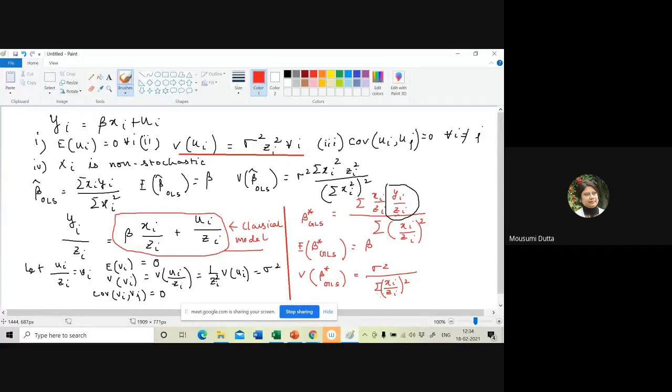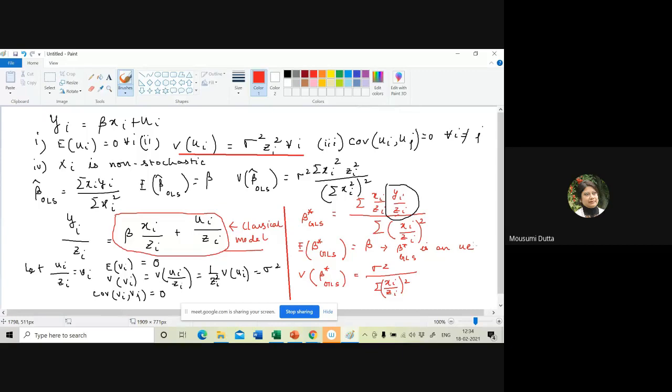We got two properties. Expectation of beta star GLS is equal to beta, so beta star GLS is unbiased. This indicates beta star GLS is an unbiased estimator.